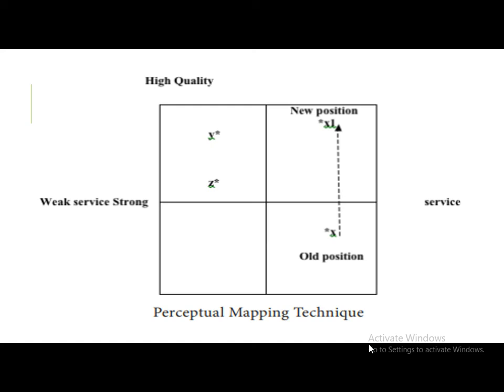After improving the product quality, firm X can fix its price a little higher than the competitor. This would improve the performance of the product in terms of profitability as well. So perceptual mapping with multi dimensions of two or more attributes can be done on a semantic differential scale as well.